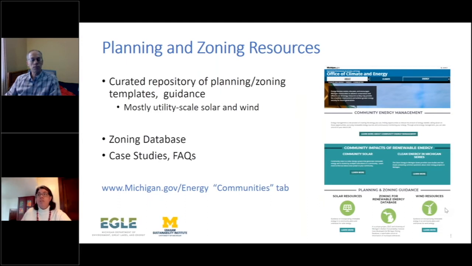There's also a zoning database so that you can search how peer communities in Michigan treat wind and solar in their zoning ordinances. And this Clean Energy in Michigan series includes a bunch of case studies of solar and wind projects, frequently asked questions, and small research projects on the impacts that those projects have had on the communities that host them.